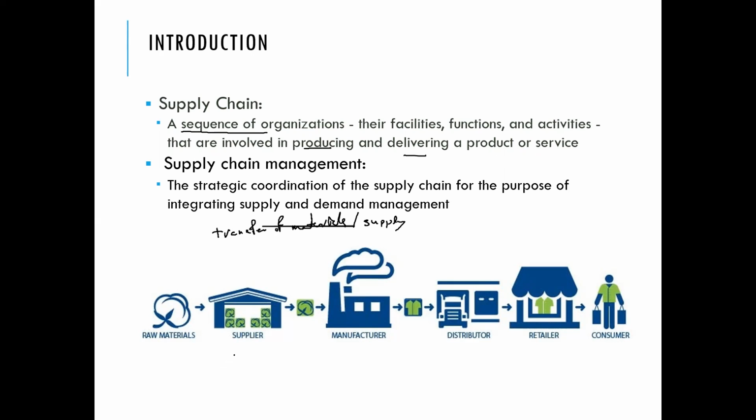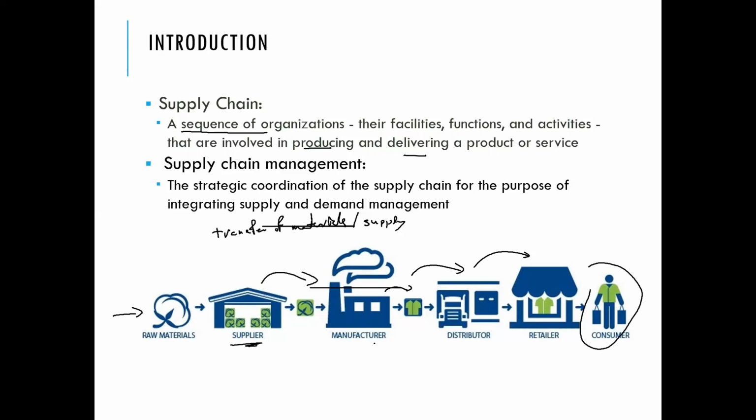So, for example, generally a supply chain would start from the ultimate raw materials. Then there would be a supplier, and then the supplier would provide those raw materials to a factory. The factory would produce some item, and then that item will be handed over to a distributor. The distributor is going to give it to the retailer, and then we, as every consumer, buy those items from a retailer.